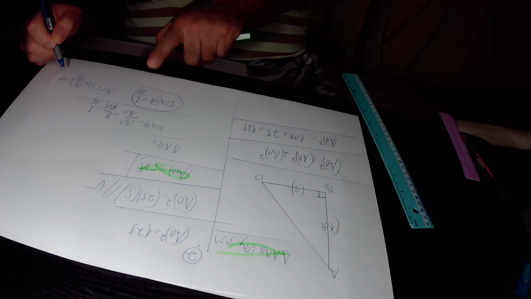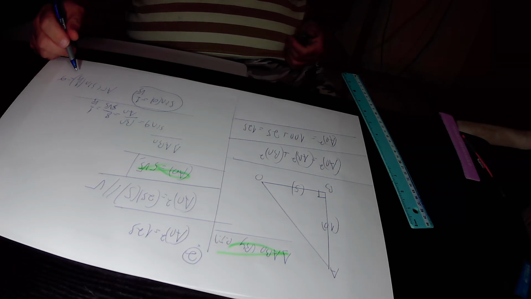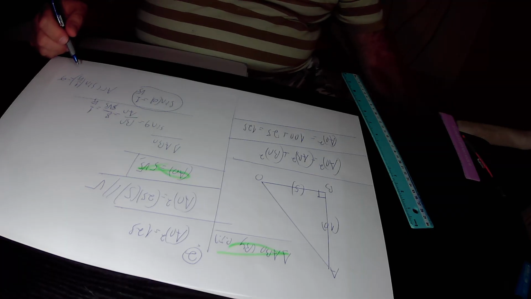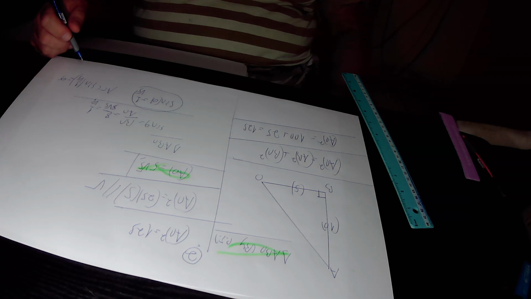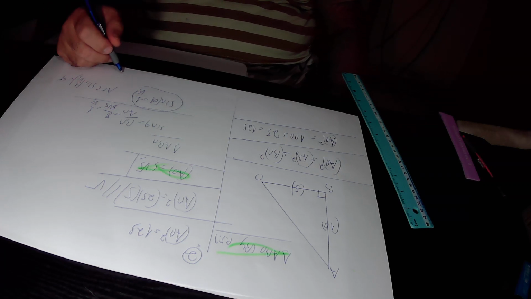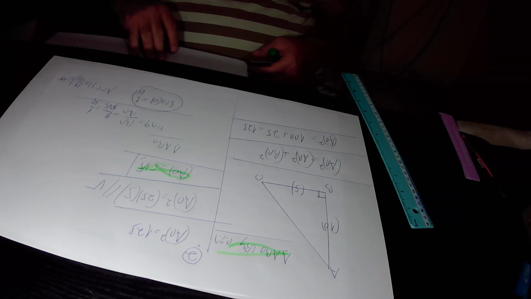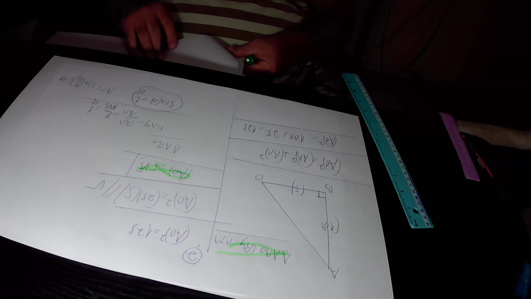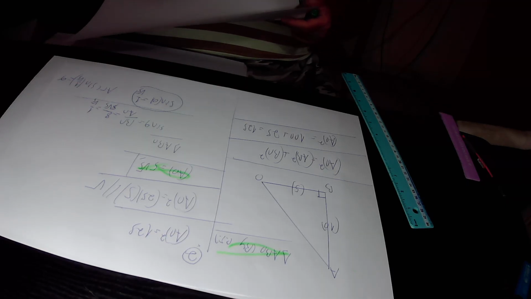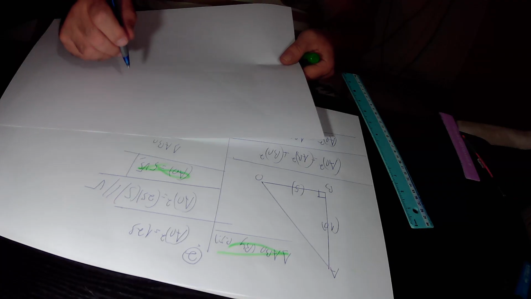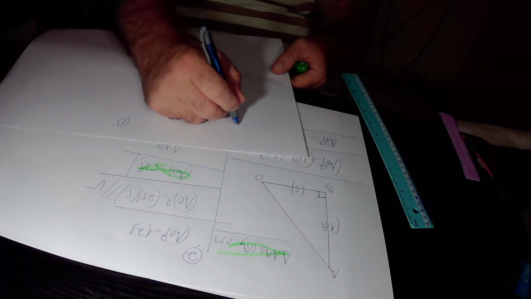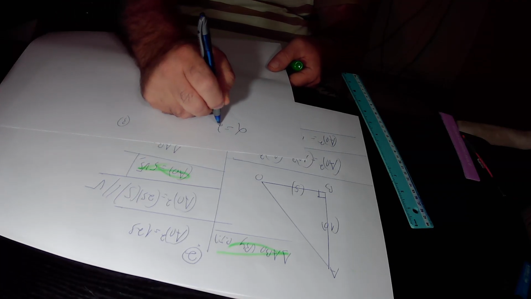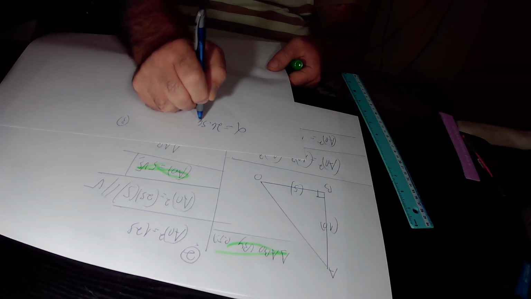Arc sine of 1 over square root of 5 is equal to 26.565. In total, the angle alpha equals 26.565 degrees.